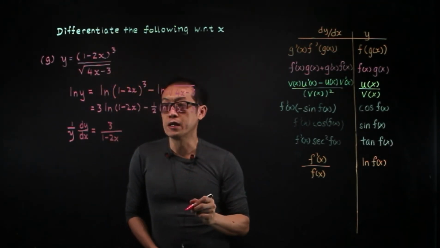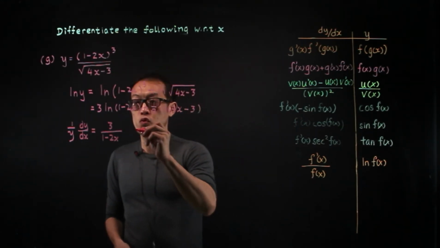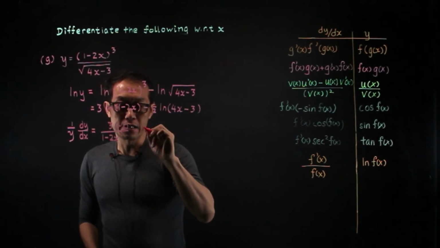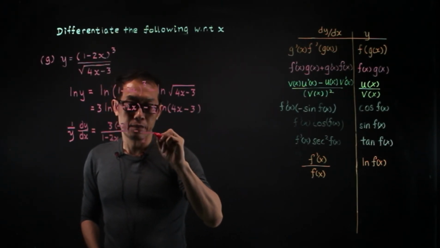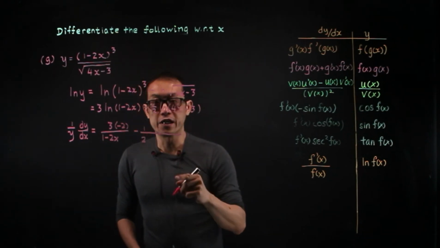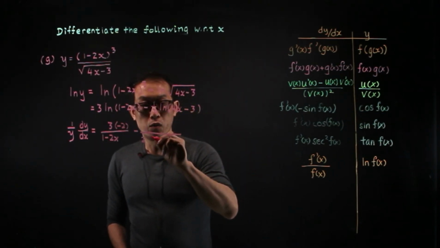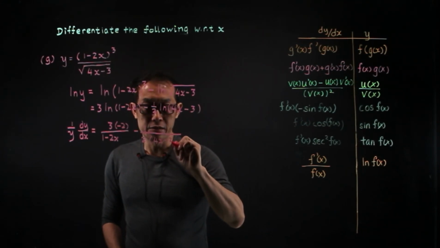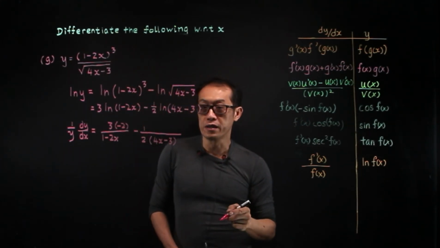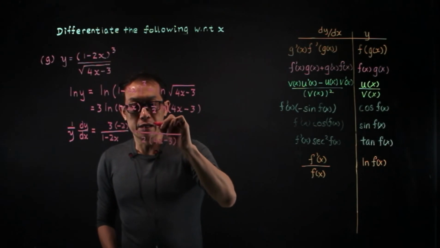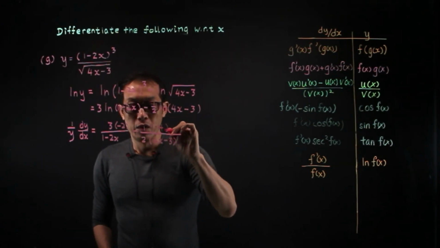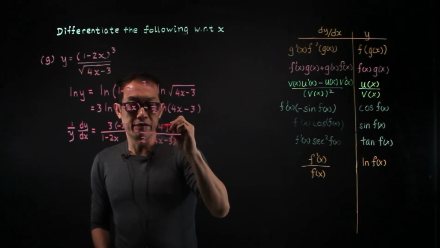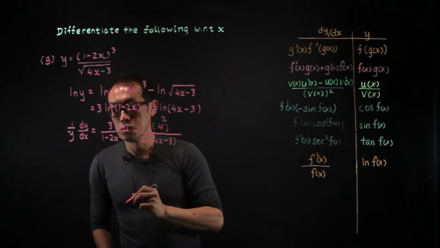Then I differentiate the minus 2x, I get minus 2. Minus half here. Now differentiate ln, I get 1 over (4x minus 3). And then I differentiate the 4x minus 3, I get a 4. This and this can be simplified, so I'm left with a 2.